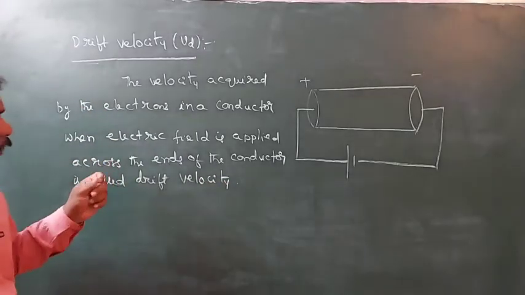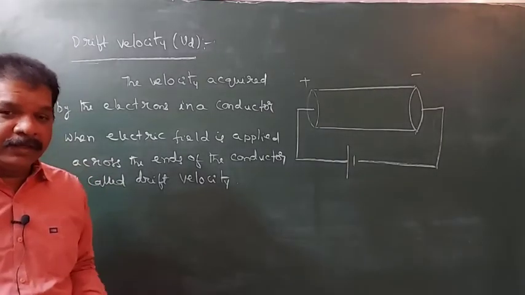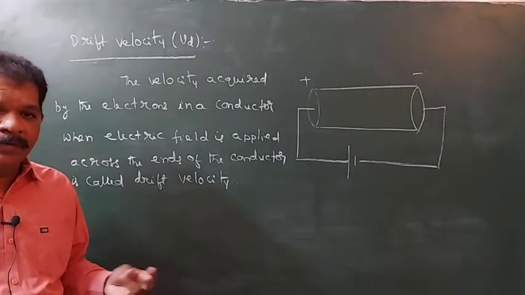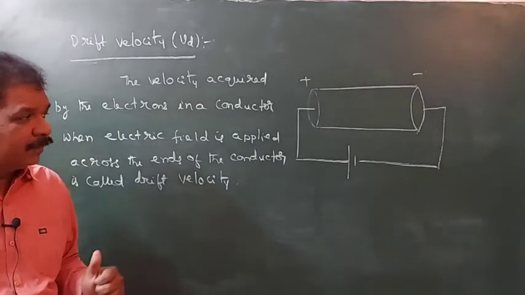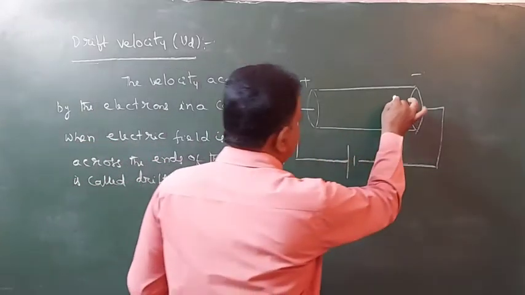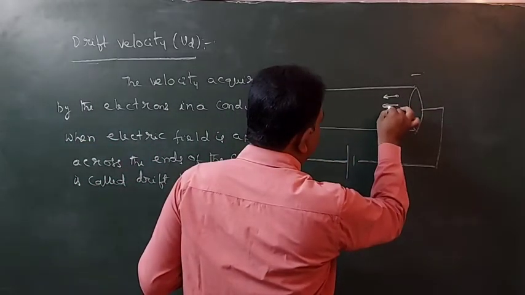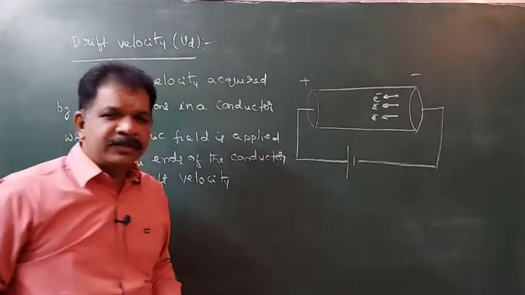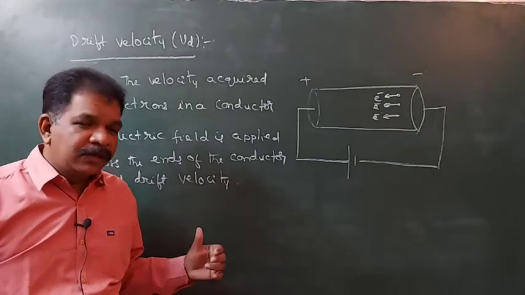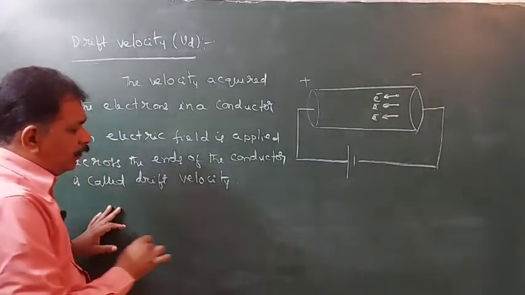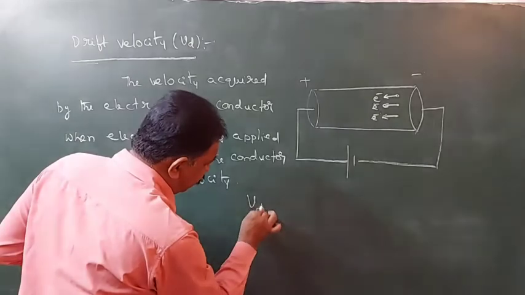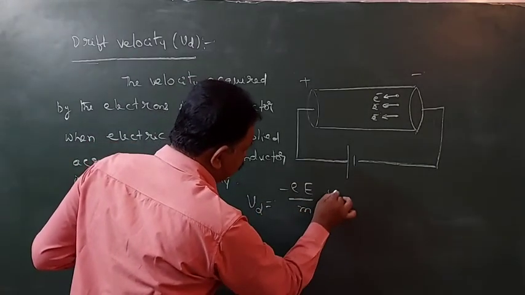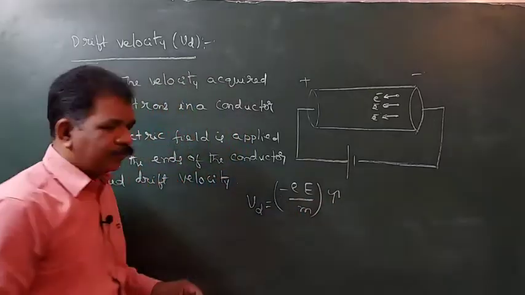Across the ends of the conductor, if we apply electric field, the velocity acquired by the electrons will be called the drift velocity. The electrons will move towards the positive plate with some velocity. The formula for the drift velocity: Vd is equal to minus eE by m into tau.